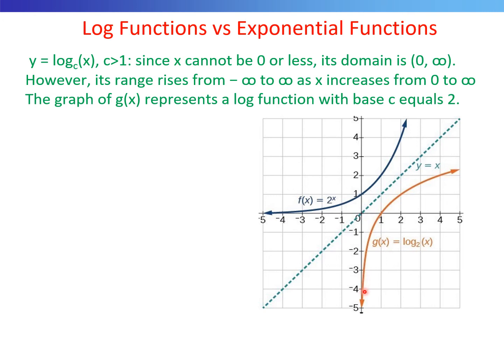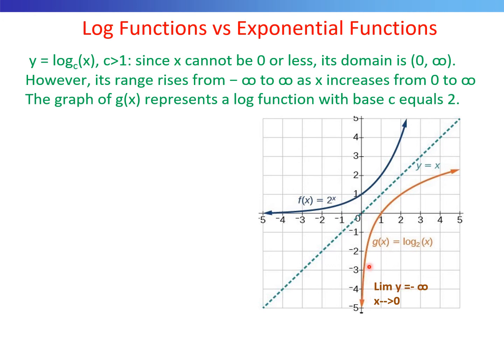So when x heads towards 0, y is heading towards negative infinity. We can summarize that by a limit. Limit of y as x approaches 0, approaching by sliding down, is equal to negative infinity.